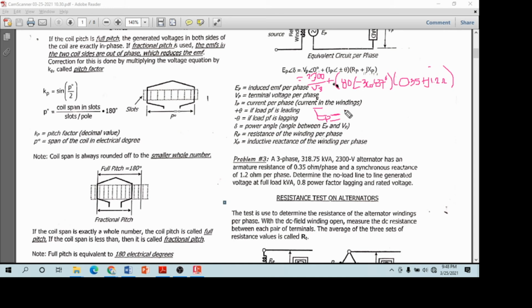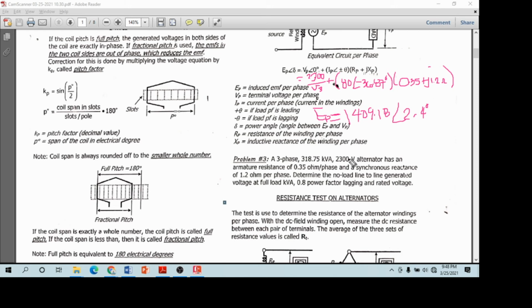Okay, so check your answer. That is 1,409.18 at an angle of 2.4 degrees.